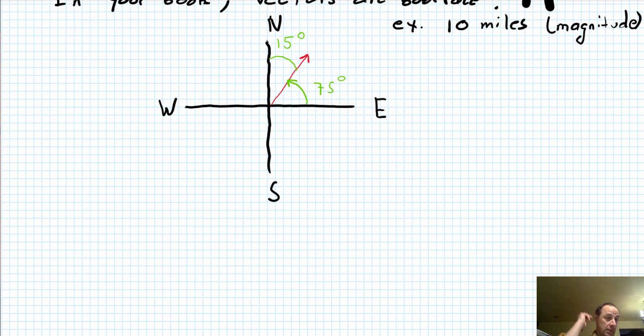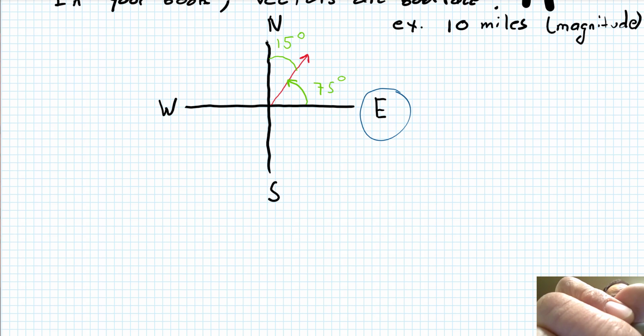Now, we can pick really any of these four as reference directions. We just need to refer it to something. Typically, E, the east direction, is used as a reference, but definitely not always. That's because it's like the positive x direction.